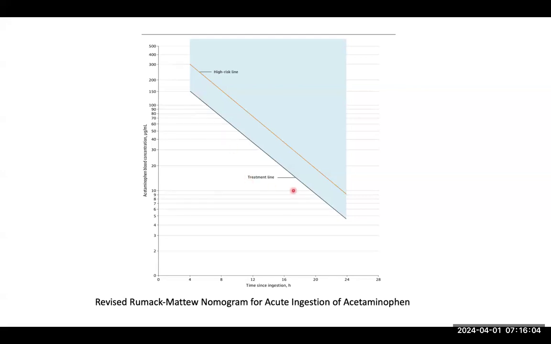So if a patient comes in, and if I now do my serum acetaminophen level, and it's just above 10, between 10 and my treatment line here, what I'm going to be doing at that point is doing my acetaminophen level again to know whether this patient is going to benefit from acetylcysteine.